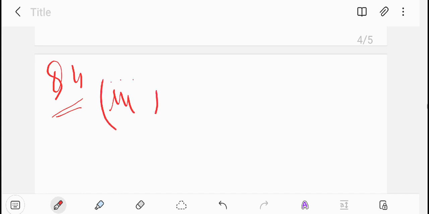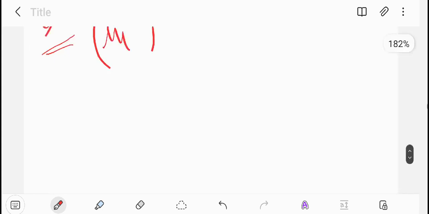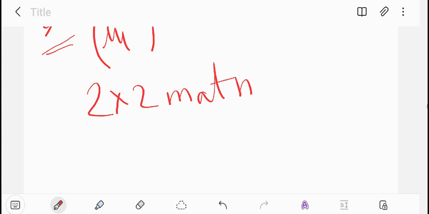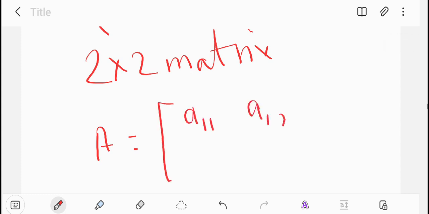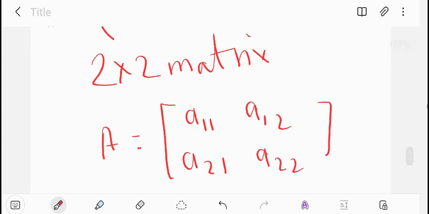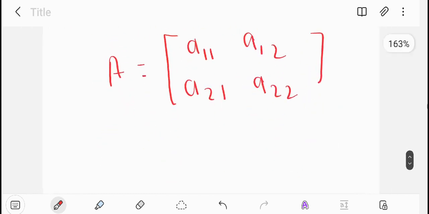Okay, now first of all, as we have seen in the example also, what do we have to make? We have to make a 2 by 2 matrix. What is the basic structure of a 2 by 2 matrix? Our 2 by 2 matrix has the basic structure of the form a11, a12, a21 and a22. I hope you agree with me. Okay, now what are we given?